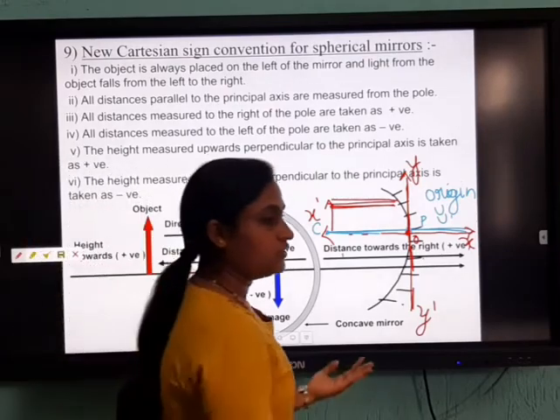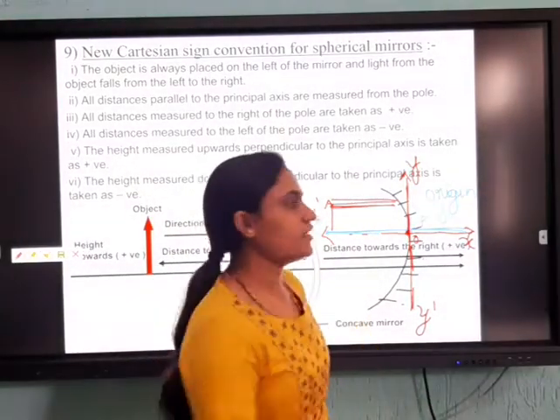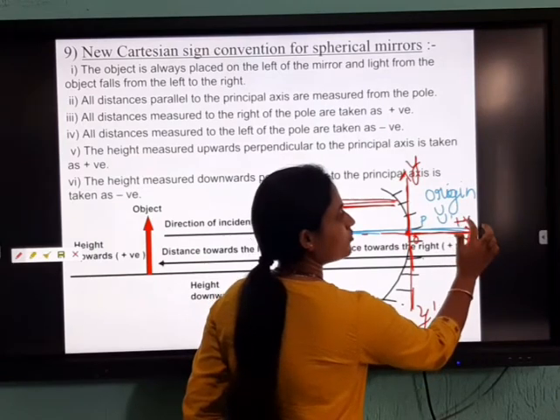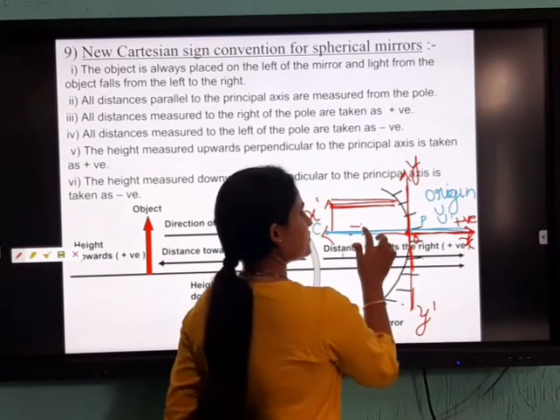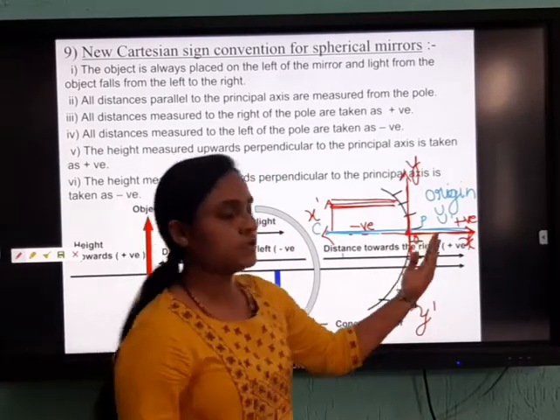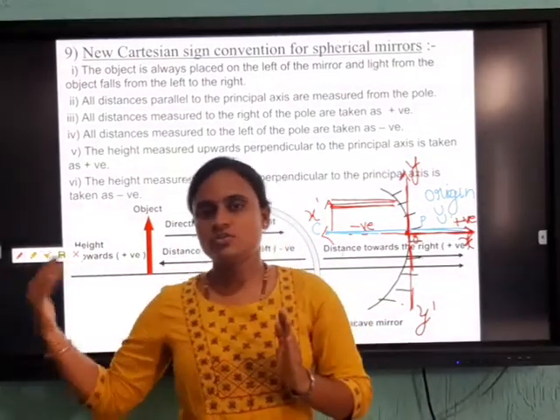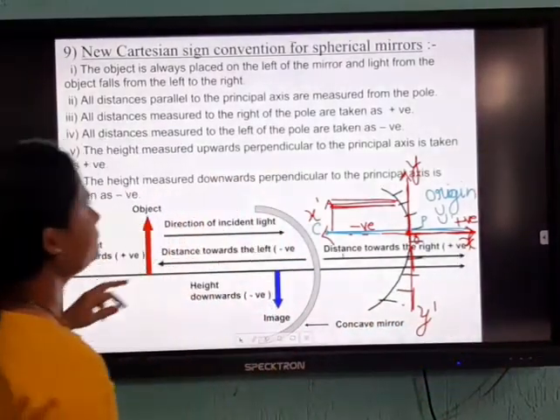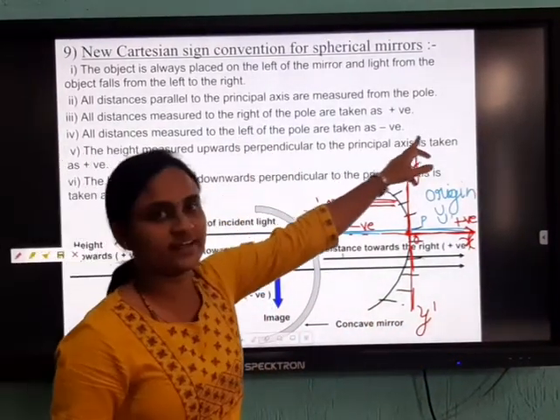I think in the coordinate system I have already learned, right? When you are plotting the graph, this axis represents positive, this axis represents negative, right? So from the pole, towards the right will be positive and towards the left will be negative. Yeah, left of the pole is taken as negative.